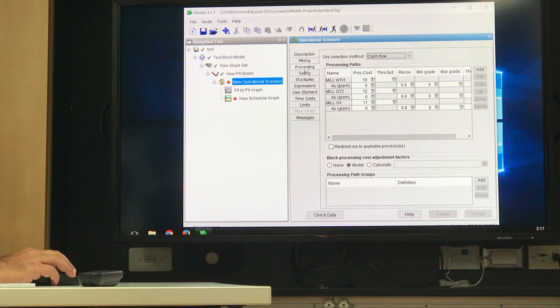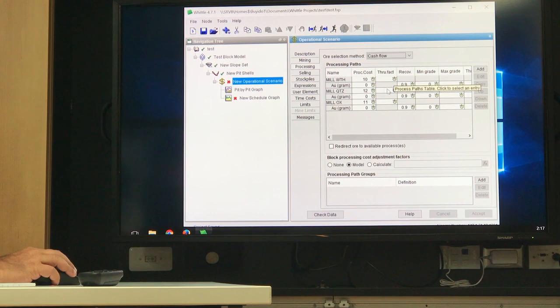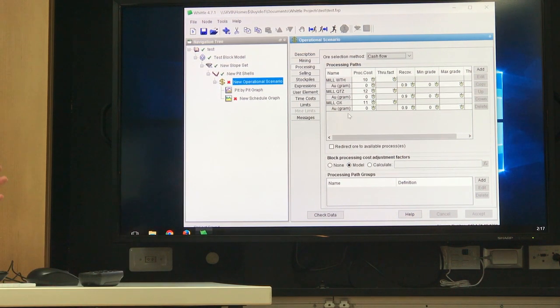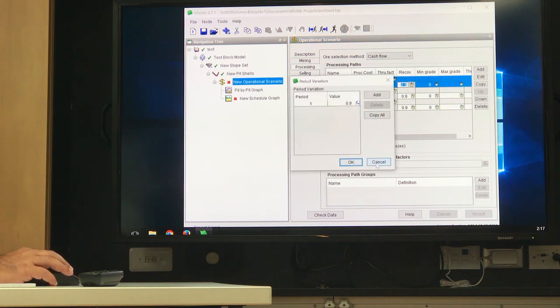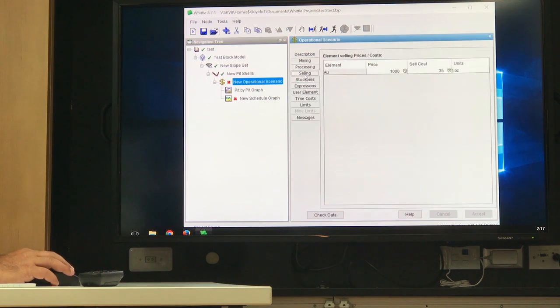The same thing for processing. If you know that the processing cost is going to change over time, or recovery, for example, the first few years you have lower recovery, and then after a certain year you get a better recovery, you can put them here as different periods. The same thing for selling: you could write your expectation for the next few years and change the price.